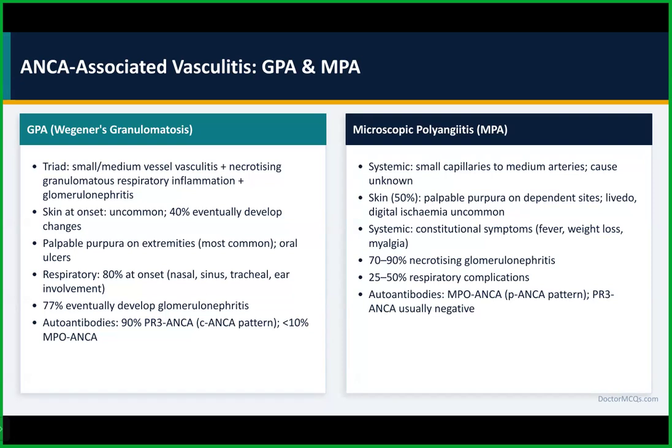Microscopic polyangiitis is systemic, mostly involving small capillaries, and it could involve the skin; systemically there will be fever, weight loss, and myalgia. Here P-ANCA is positive.